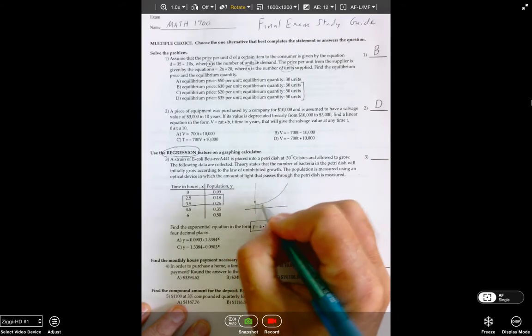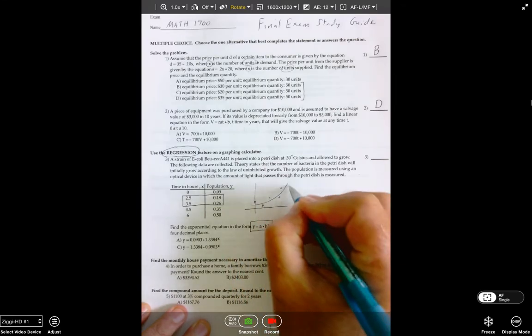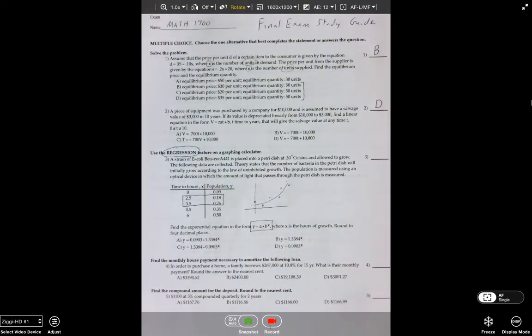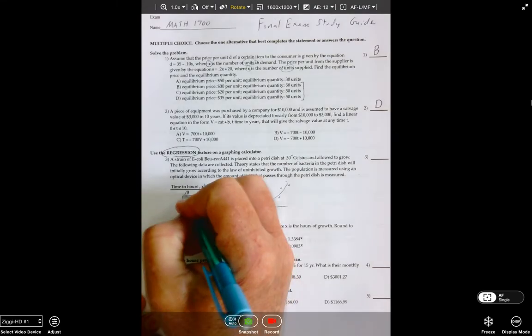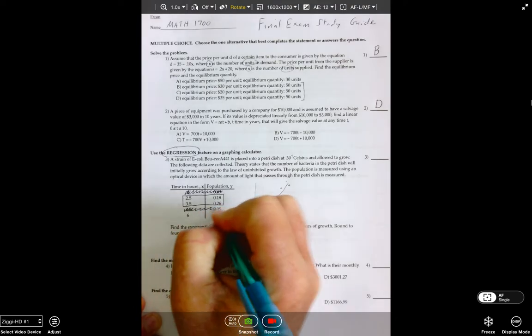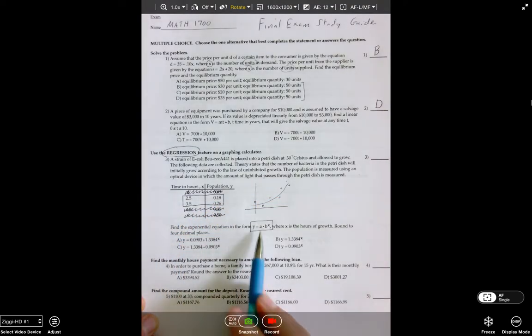Well, these points are kind of like that, and we're trying to find the line that best fits these points. So that was a poorly selected problem. So let's just go ahead and say that these were the only 2 points that you had just for an academic exercise. And we're trying to fit through these 2 points. We're trying to fit this y equals a times b raised to the x power.